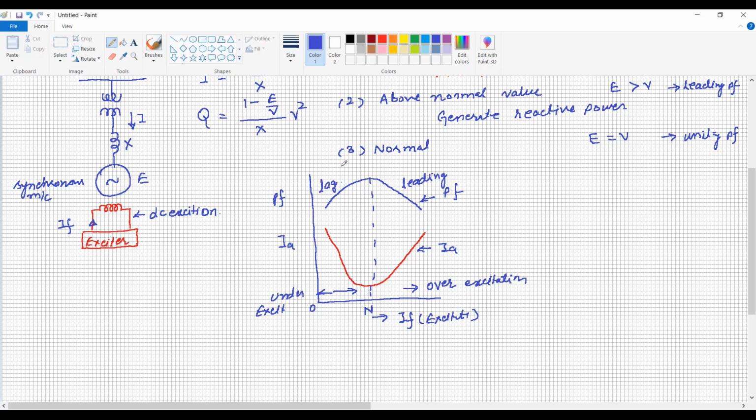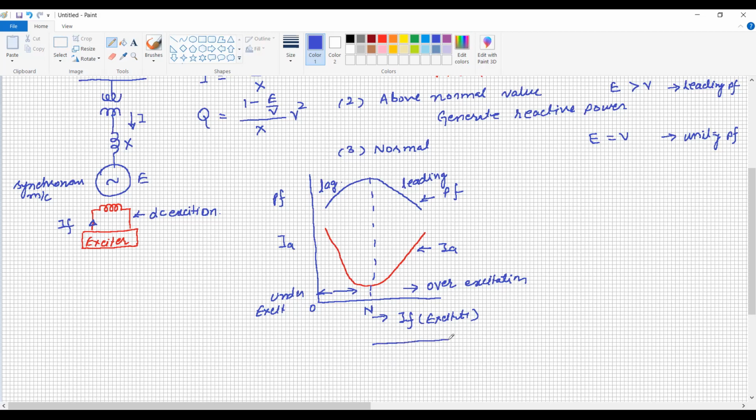So it is quite clear, if any machine works on a lagging power factor, it consumes reactive power, and when it is working on a leading power factor, it takes leading current and supplies reactive power. So suppose these are the points over which we can represent.